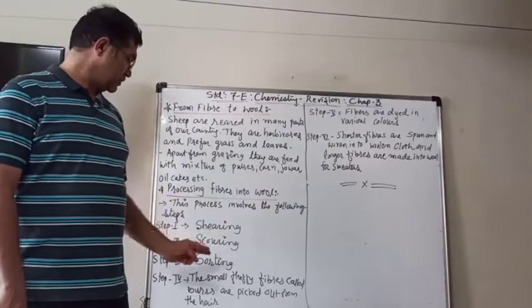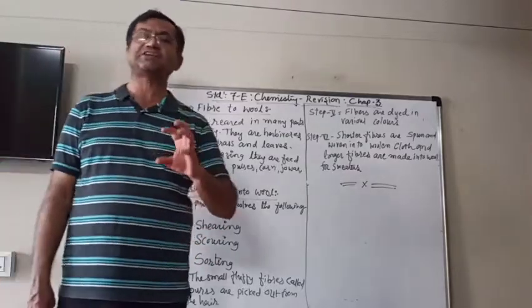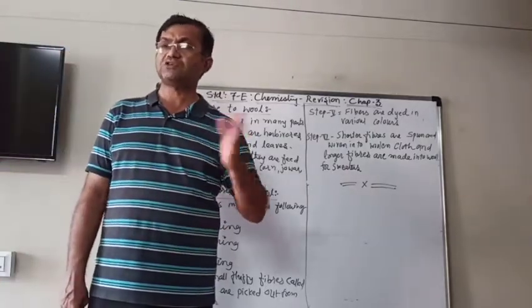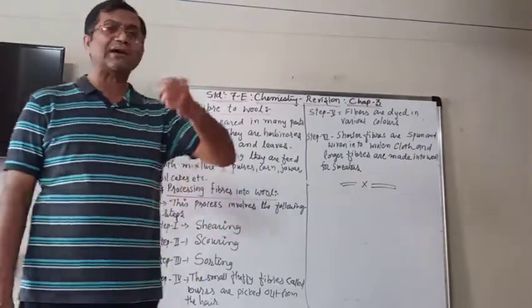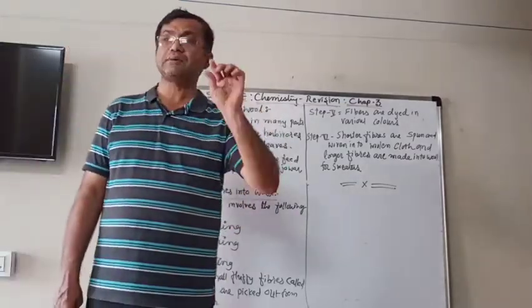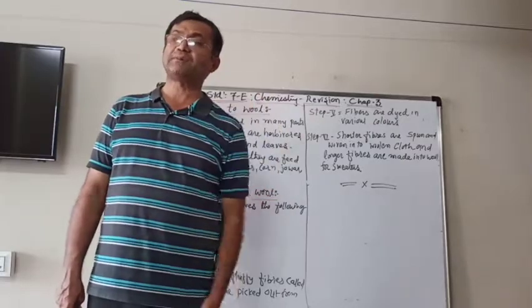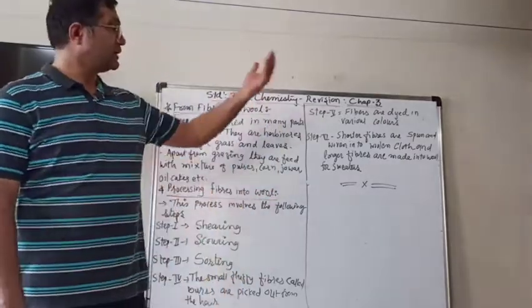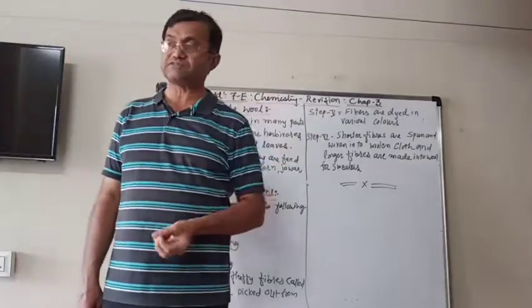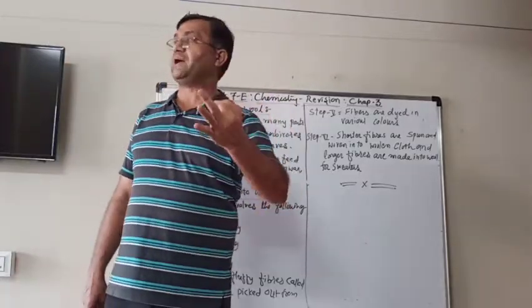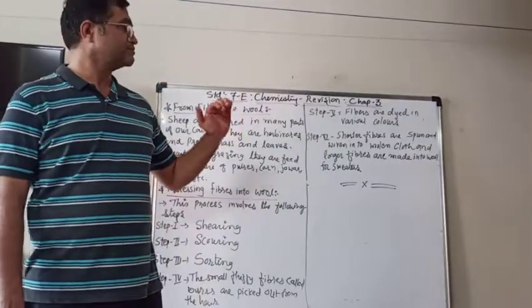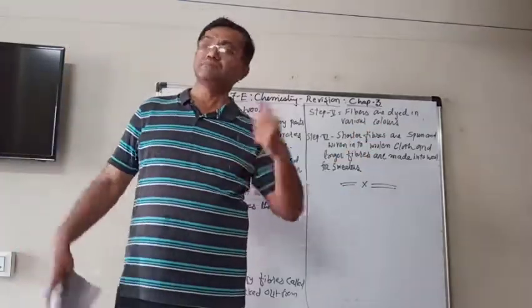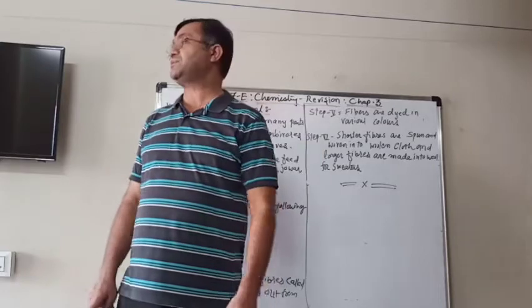And then sorting means the different textures are sorted out. Then small fluffy fibers, known as burrs, are separated from it. Then they are dyed in different colors, because generally they are black, white or grey. And then last, they are straightened and rolled into yarns.